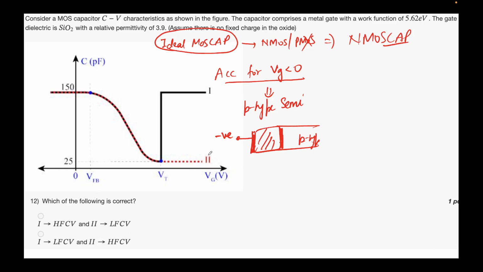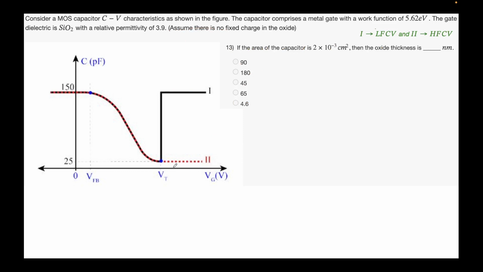So curve 2 is HFCV, we know that it comes to a minima and then saturates there, while for LFCV it can again go back to the Cox, because the electrons will have sufficient time to get generated in the depletion region and then travel to the oxide semiconductor interface. So first corresponds to LFCV, and second corresponds to HFCV, right? Okay, so we have done the first part.